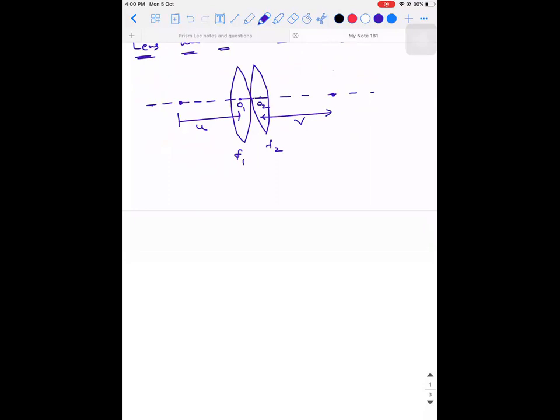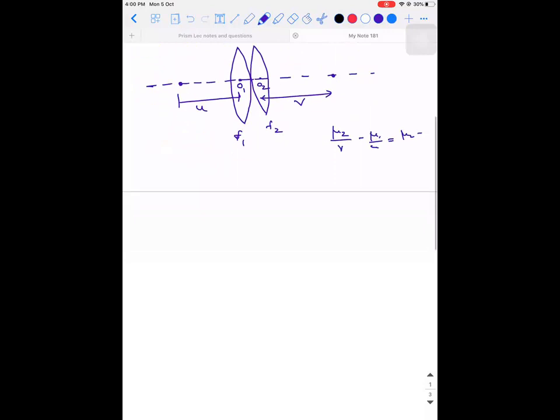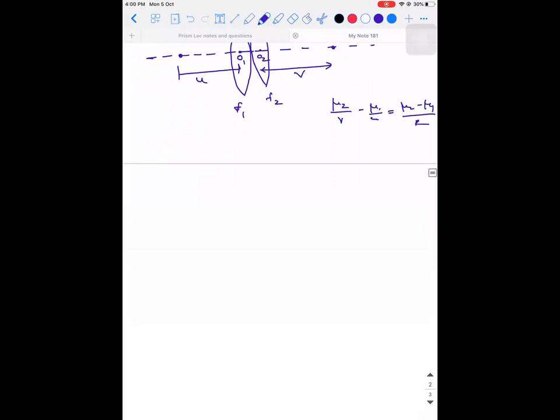Now the question is, when we derived the refraction at spherical surface, do you guys remember this mu2 by v minus mu1 by u is equal to mu2 minus mu1 by r? After we derived this, we applied it to derive something called Lensmaker's formula. Do you guys remember that? 1 by f is equal to mu2 by mu1 minus 1 into 1 by r1 minus 1 by r2. Yes.